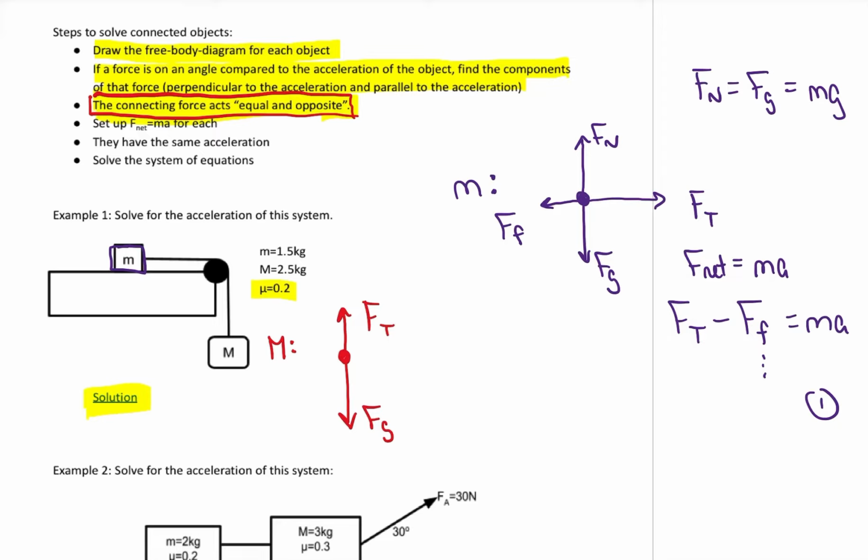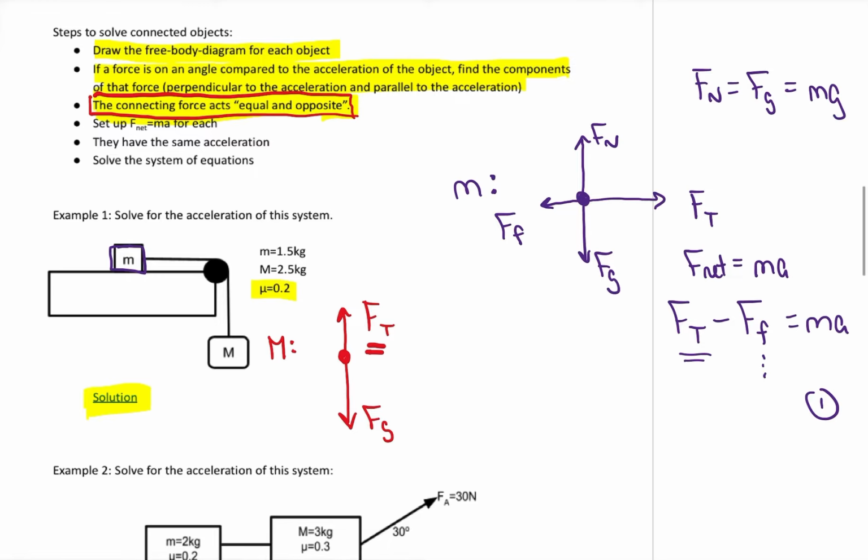So whatever force is accelerating the one block forward, in this case I called it tension, it was a positive force on little m. That exact same force is a slowing force on the other object. So it's equal but opposite. It's accelerating little m forward, but slowing big M down.